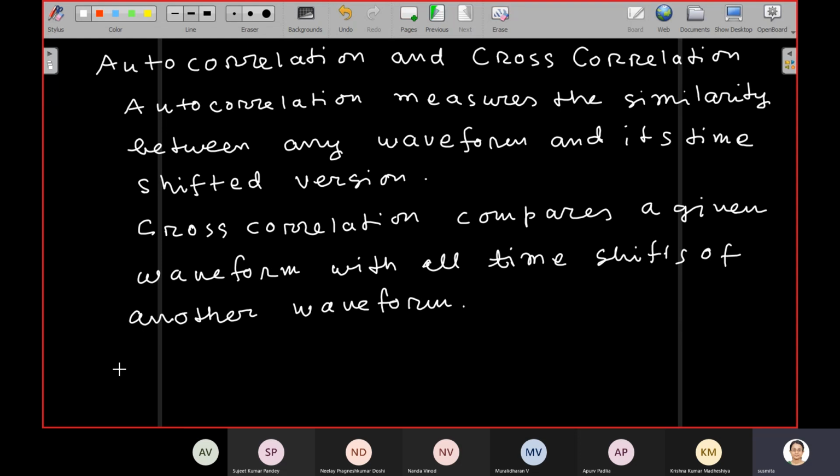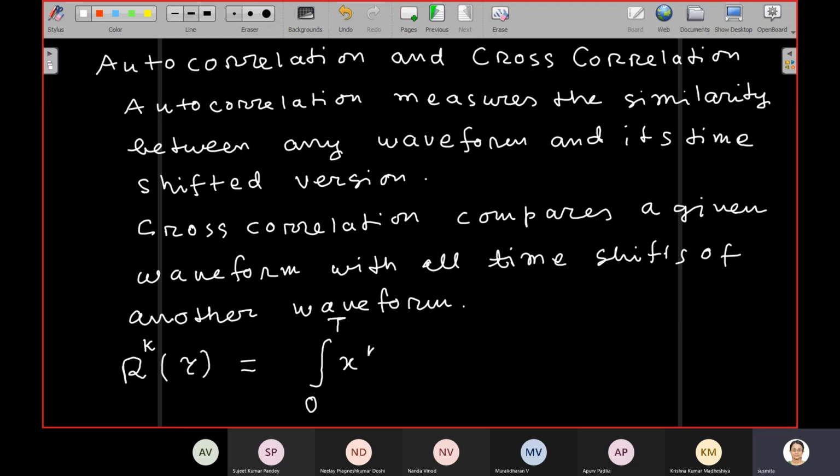We'll first discuss the autocorrelation. Autocorrelation, for our discussion here, is given as, let's say, the autocorrelation of the kth code.